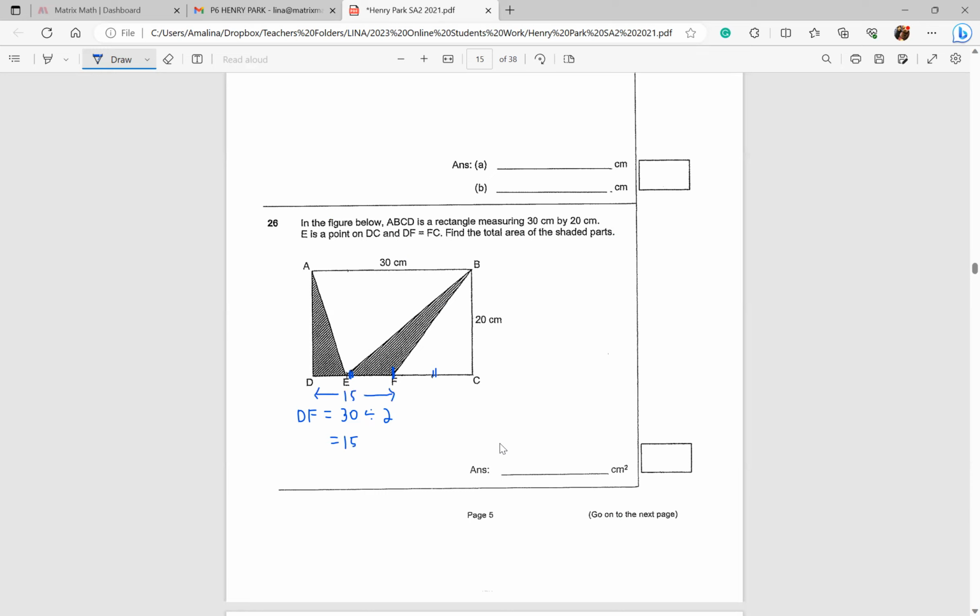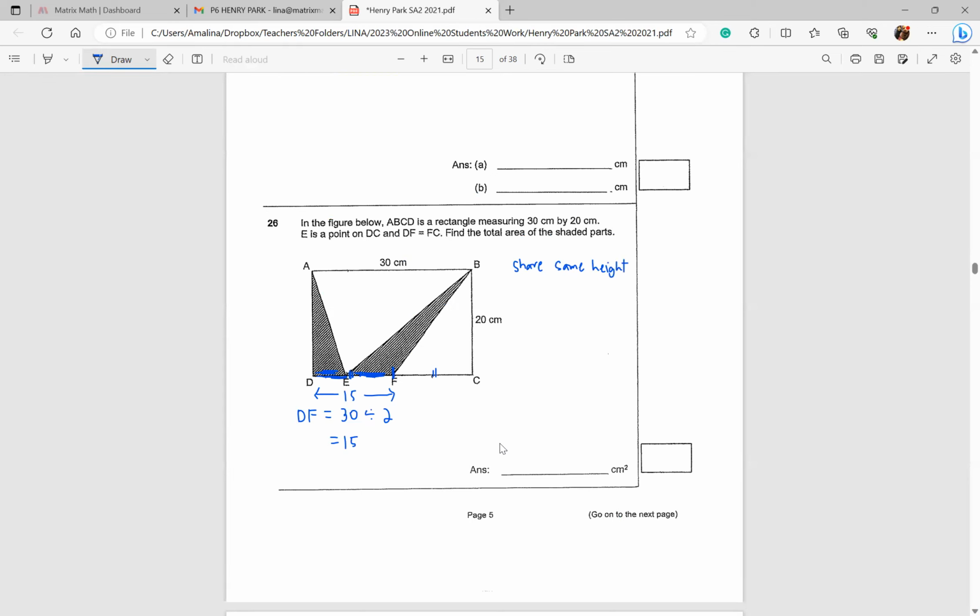Okay, now do you see that these two triangles can be combined together? The bases can be combined because when you combine the bases together, it is 15. And you notice that these two triangles share the same height. What's the height of these two triangles?